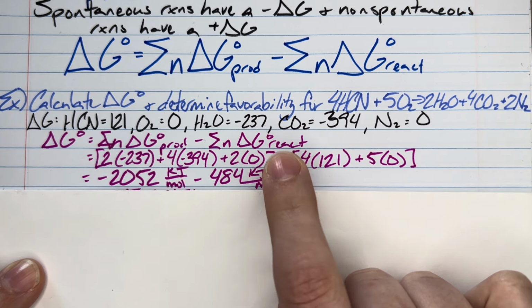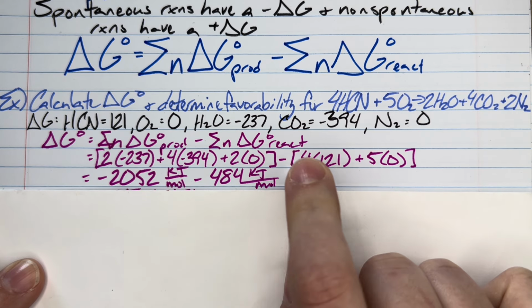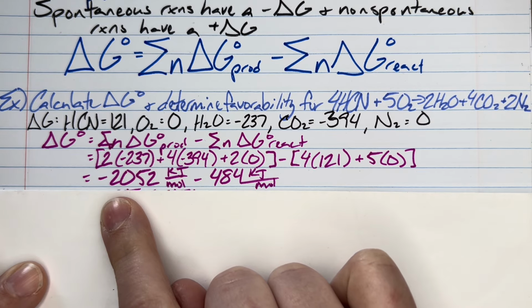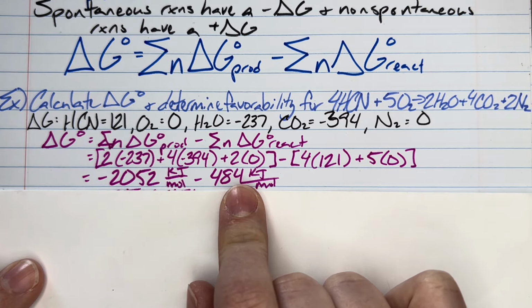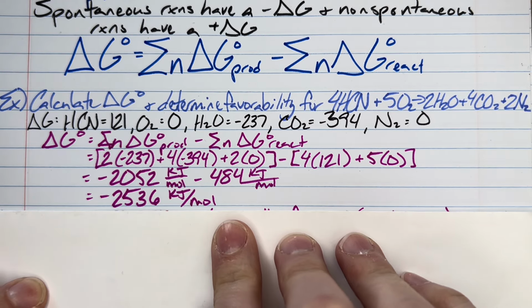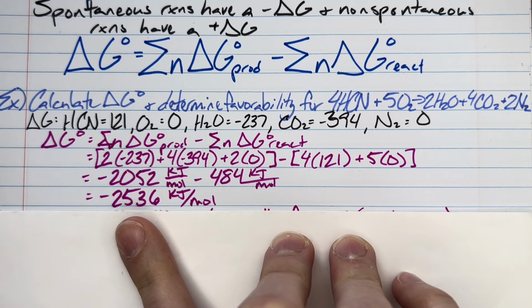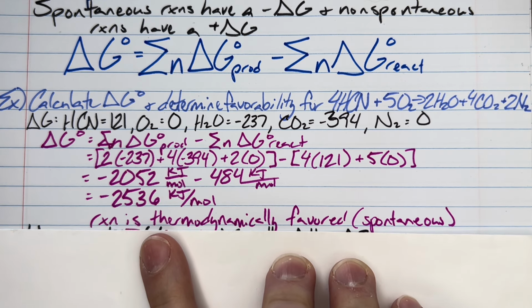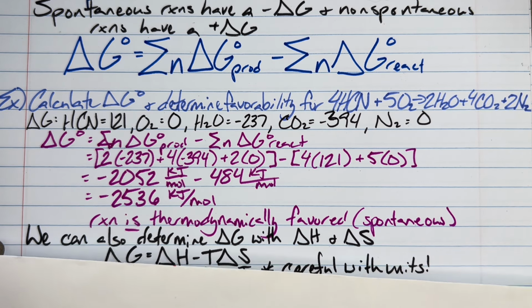However, we are subtracting the value of our delta G from our reactants, and so we are going to have overall negative. So negative 2052 minus 484 kilojoules per mole gives me a total delta G for the reaction as negative 2,536 kilojoules per mole, and thus the reaction is going to be thermodynamically favored, aka it will be spontaneous.